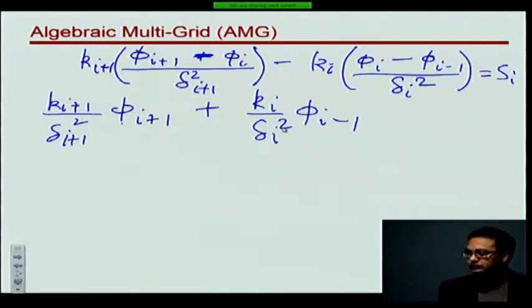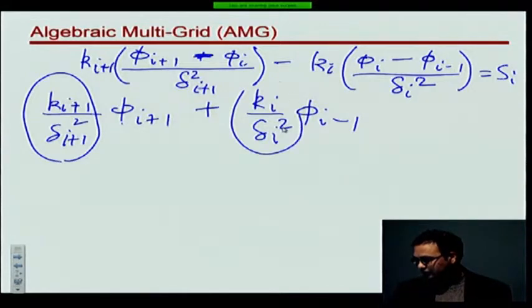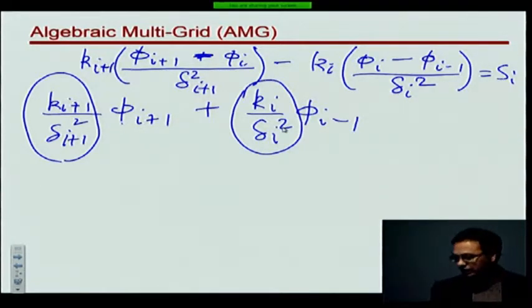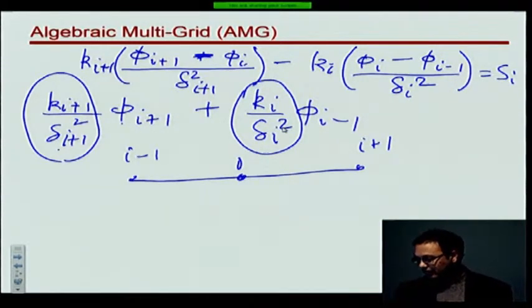These two link coefficients are not equal. If I draw a little picture here, with i, i minus 1 and i plus 1, these represent how strongly these nodes are connected to each other.